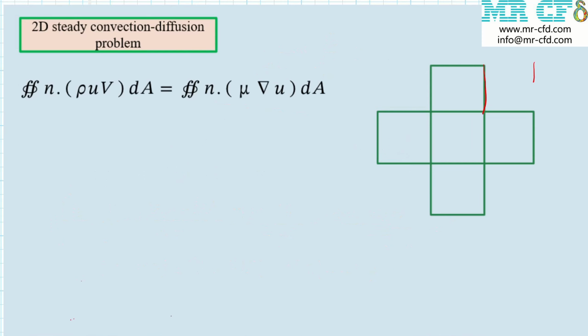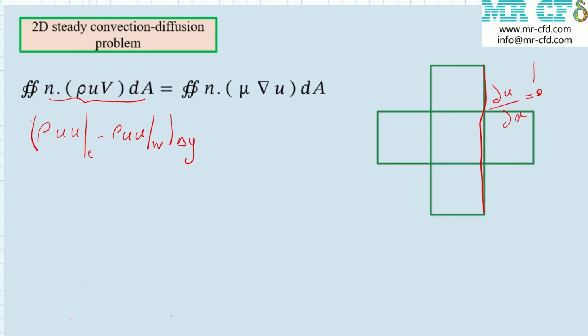Now let's talk about the cells near the outlet boundary condition, where the first derivative of u with respect to x at this boundary is 0. So for discretizing the left-hand side, because the gradient of u with respect to x is 0, u at the east face of these cells is equal to u_P. And we can write this term in this form.